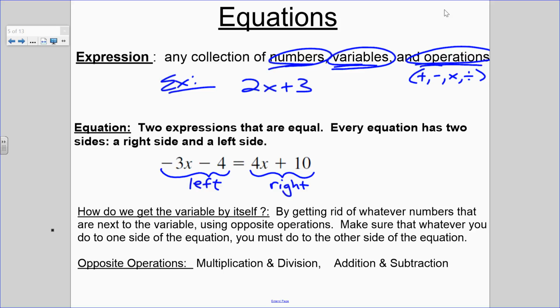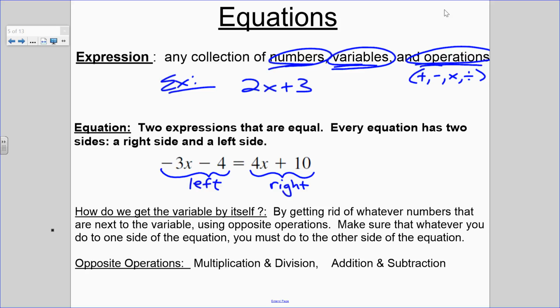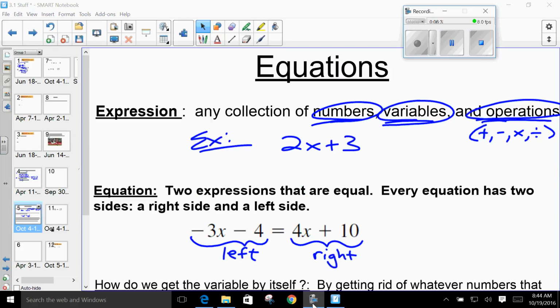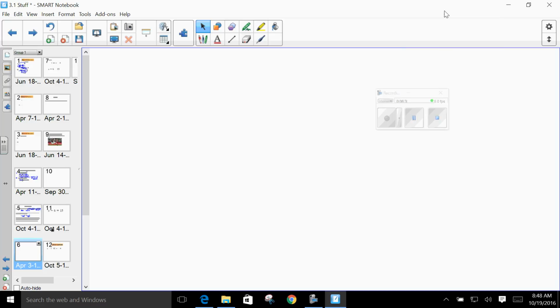Make sure that whatever you do to one side of the equation, you must do to the other side of the equation. And opposite operations are these. Multiplication and division are opposites. Addition and subtraction are opposites. All right, example 1.